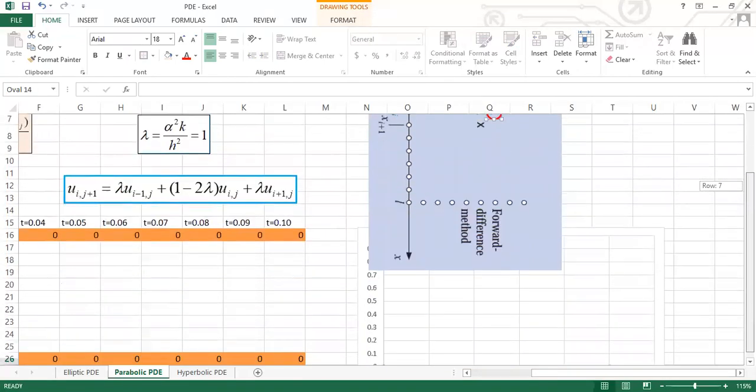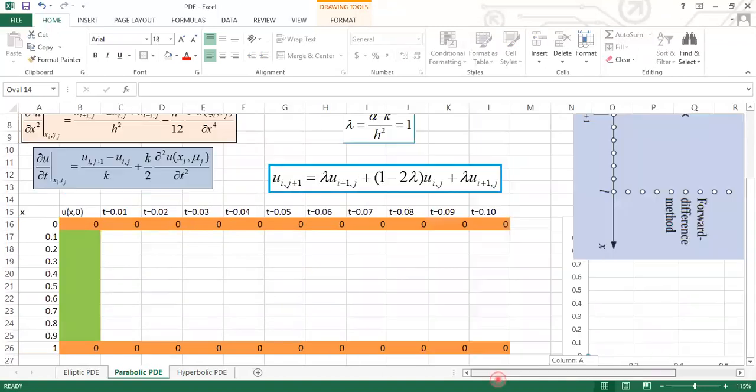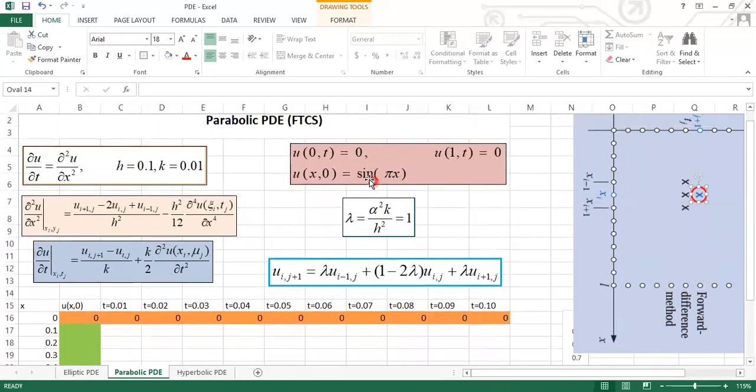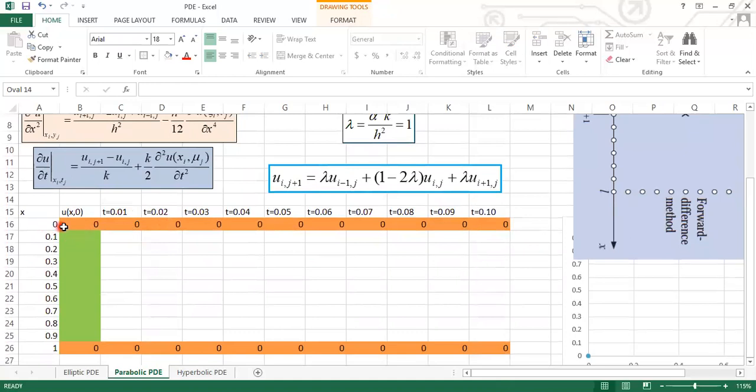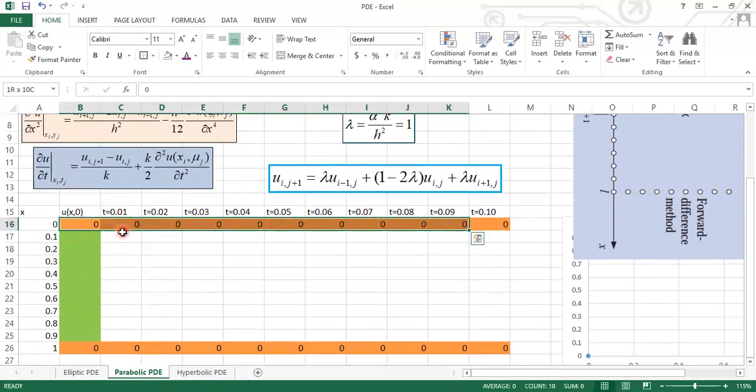So now let's define the boundary conditions. The first boundary condition is u of 0, t equal to 0. So when x is equal to 0, and for all times, the value is 0. The time axis is varying over here, x is 0, so I have selected x equal to 0, and the value of the u function is 0.